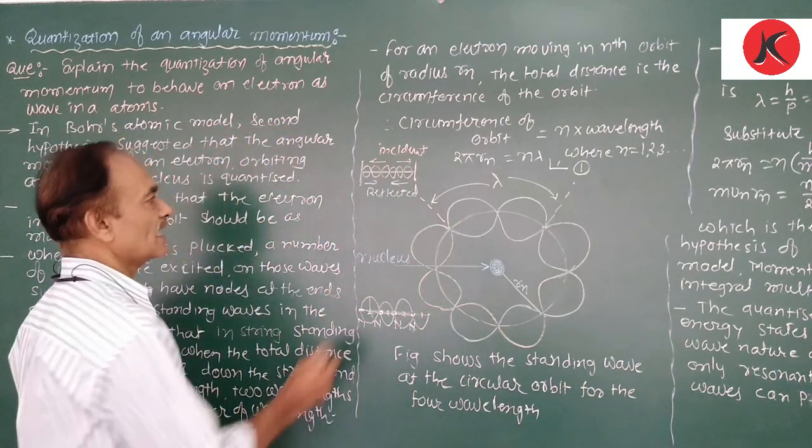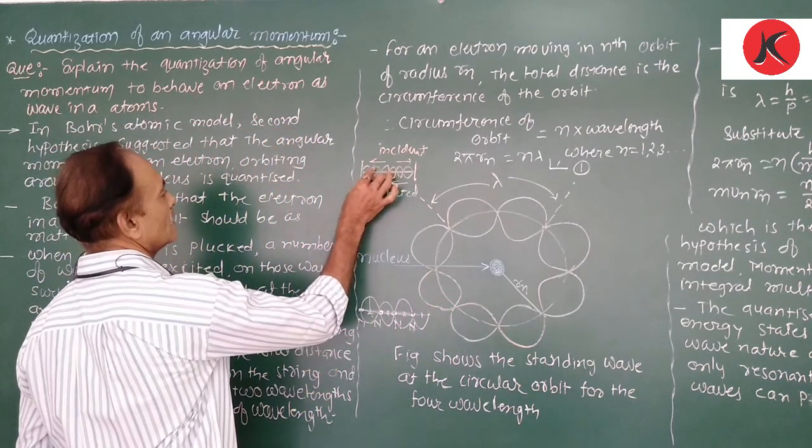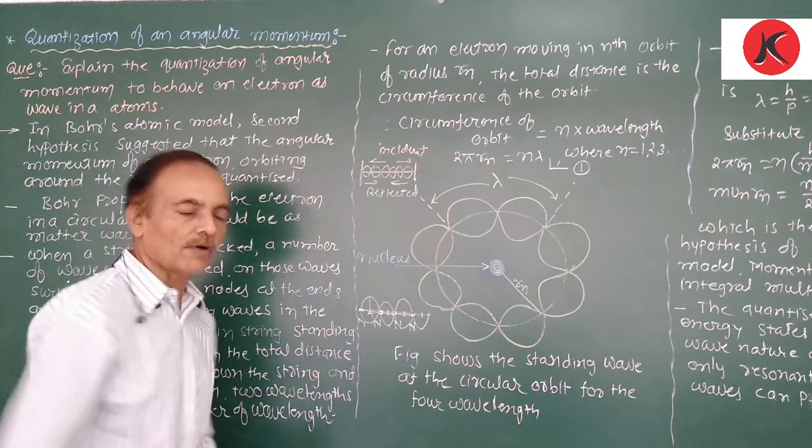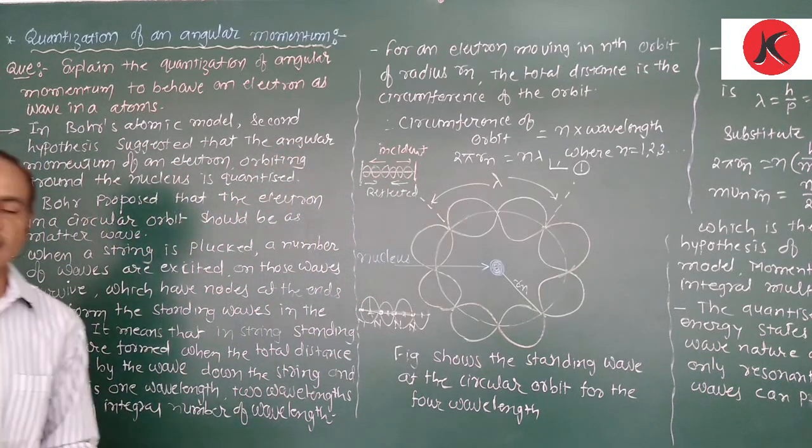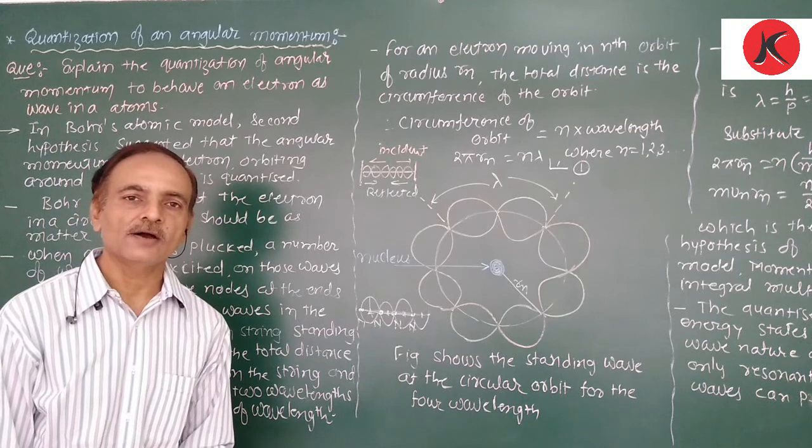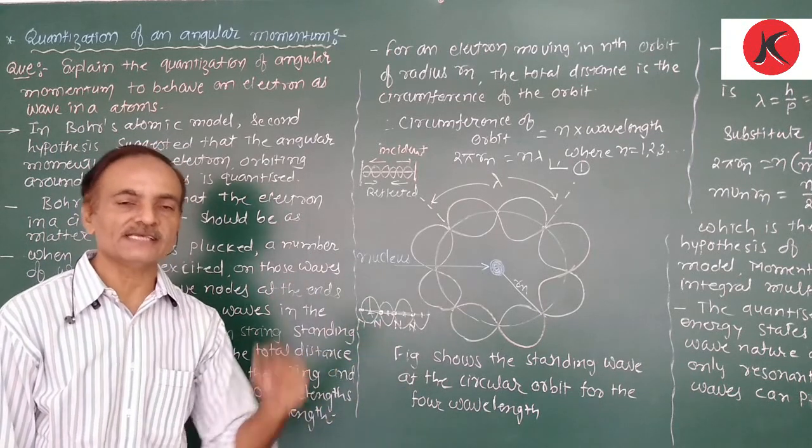If the distance traveled by the wave is equal to an integer multiple of the wavelength, either 1 lambda, 2 lambda, 3 lambda, or n lambda.